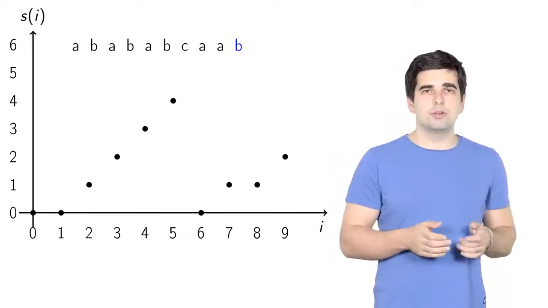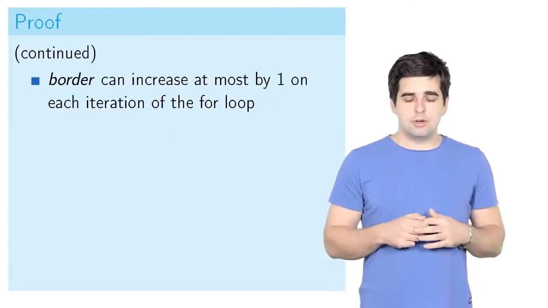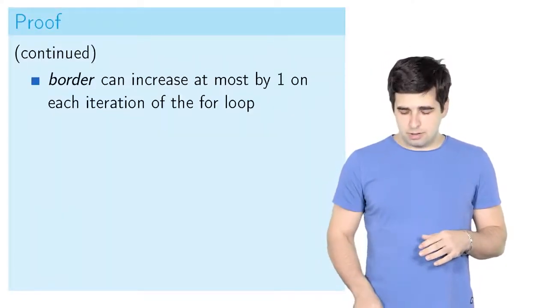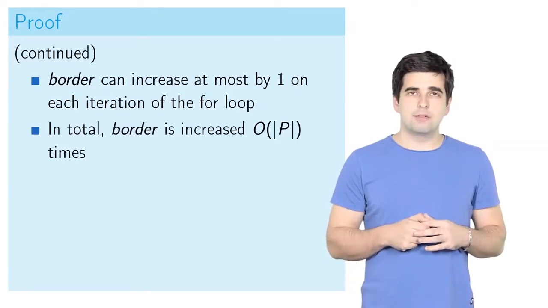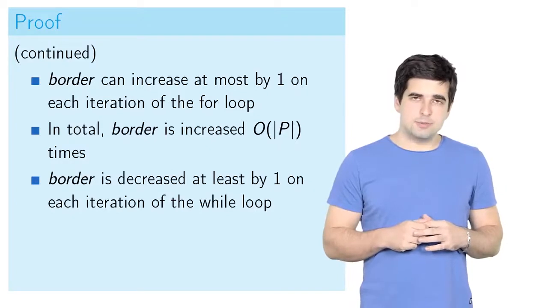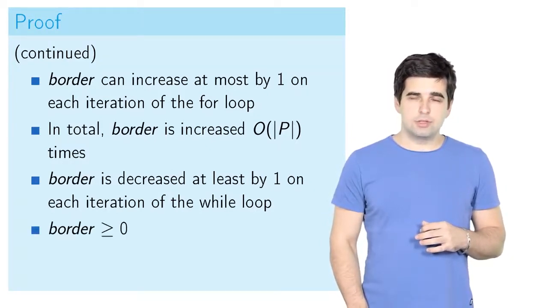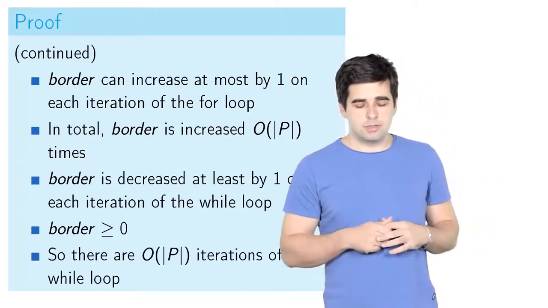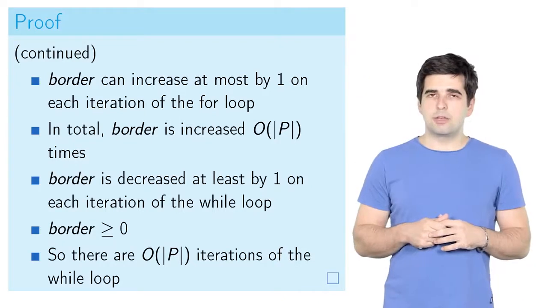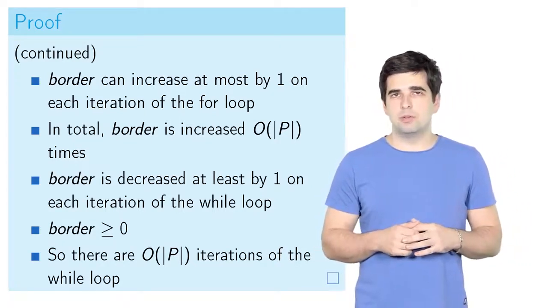So our border value decreases. And so, all in all, border can increase at most length of the pattern times, and it is decreased by at least 1 on each iteration of the while loop. And border is also always non-negative. It means that it can be decreased at most big O of length of the pattern times, and so there are at most linear number of while loop iterations in total.